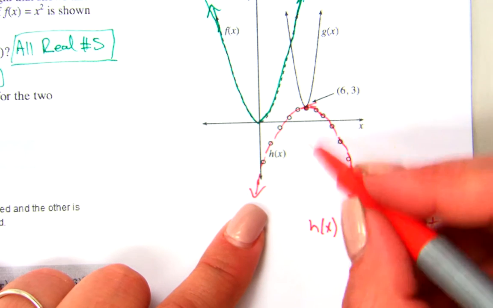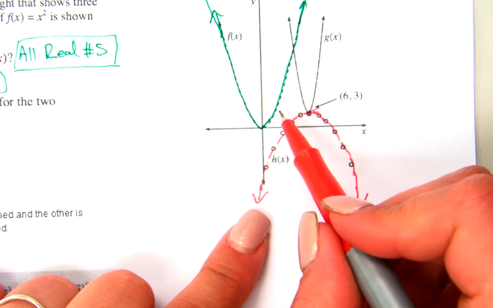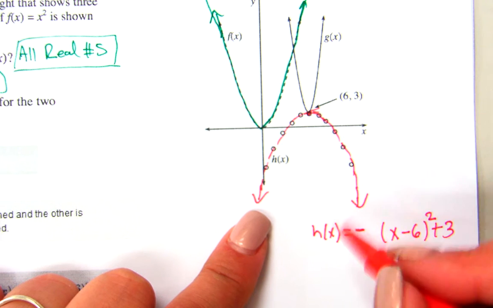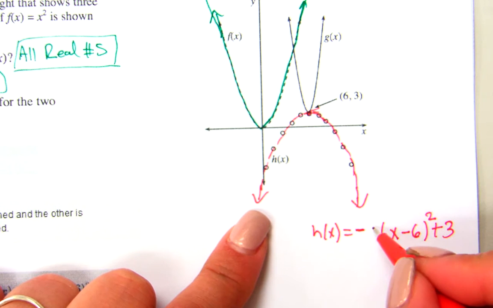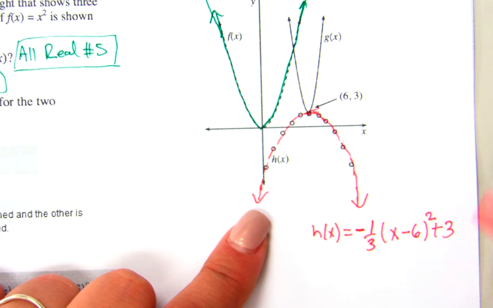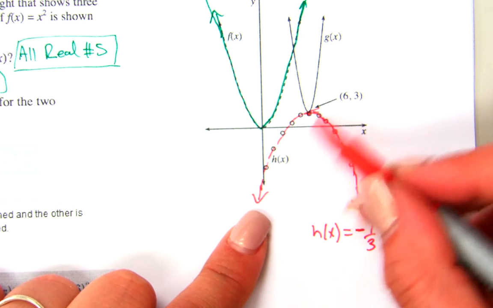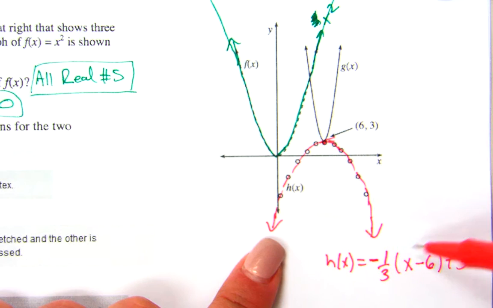And then it's a little wider than the original green one. I don't know how much wider, so I'm just going to guess, maybe a third. All I know is it's a fraction because it's wider, or compressed vertically, than the parent one.